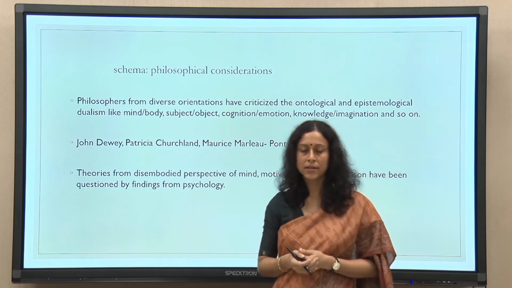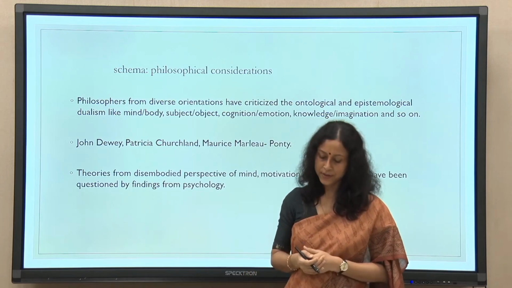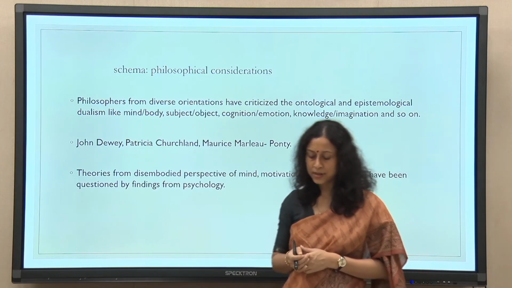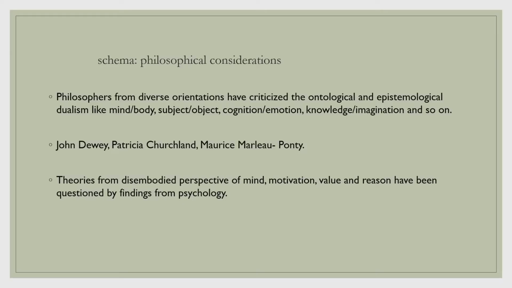Similarly, for many other processes, disembodied cognition and symbolic cognition with respect to language and its use have been criticized at many levels. We can summarize that entire finding from a philosophical standpoint by looking at the later philosophers. Some of them I have mentioned here, but this is by no means an exhaustive list.